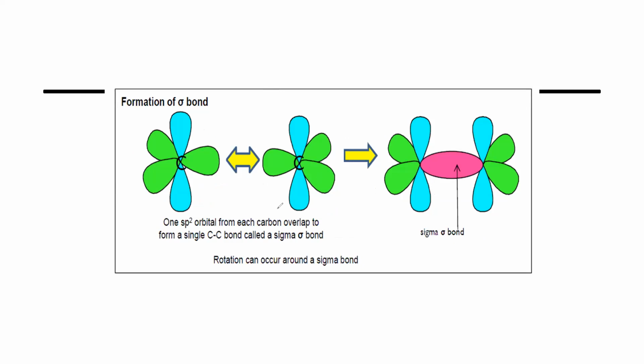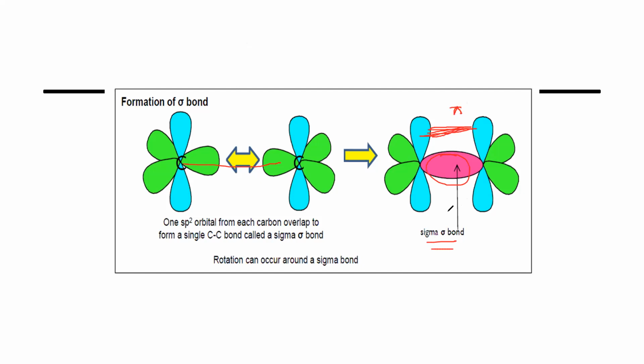So hybridization is also of different types. sp3 hybridization is there, sp2 hybridization is there, and sp hybridization, but you don't have to go into detail for that. So you can see between the carbon and the carbon, there's an overlapping. So when there's an overlapping, the bond will be sigma. But the axes are parallel, but the orbitals cannot overlap.